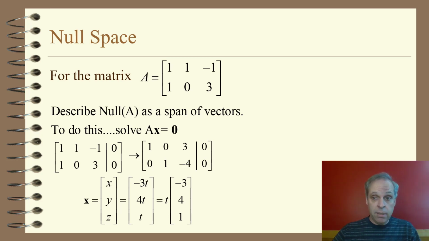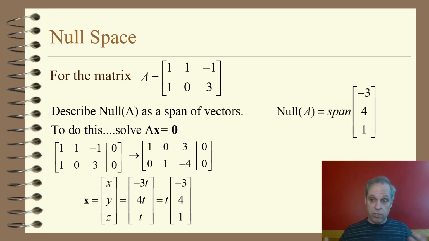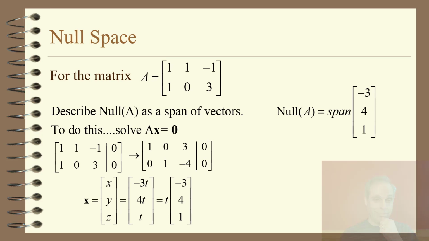That means the null space is spanned by one vector, the vector [-3, 4, 1]. So the null space is that span. Easy. It's something we've been doing all this time. If you want to describe the null space of A transpose, it's the exact same process. Just take the transpose of the matrix first and then solve that corresponding system.